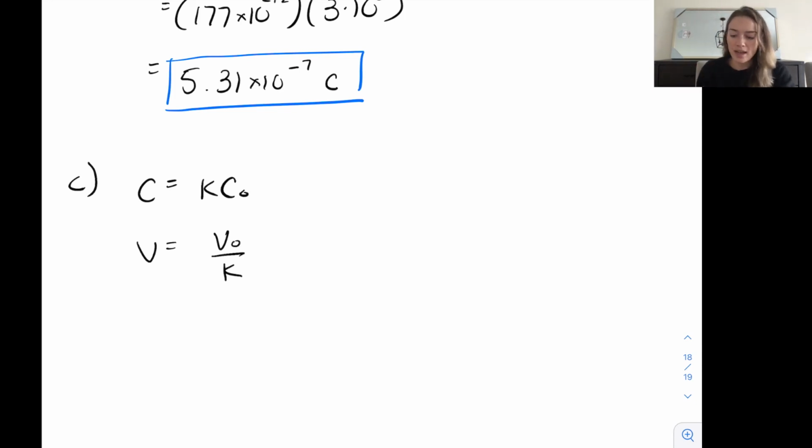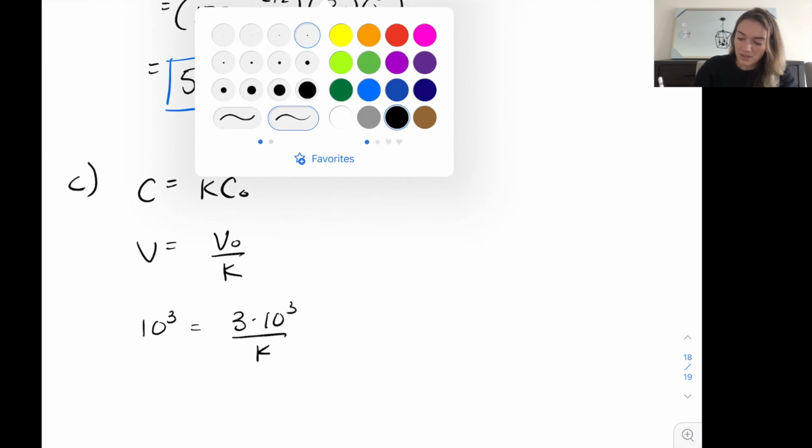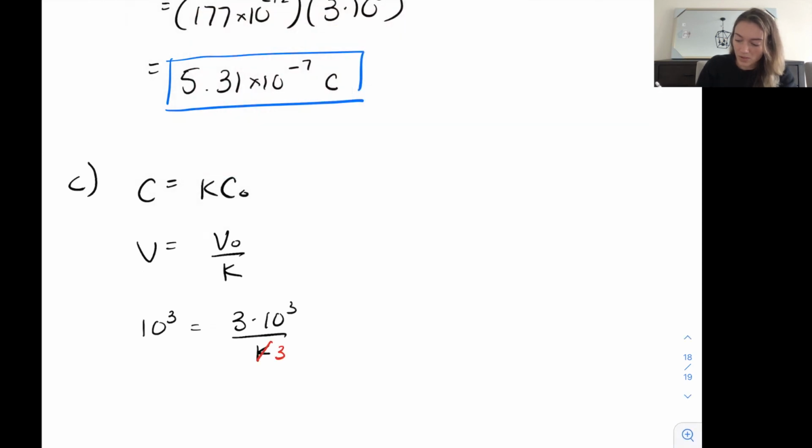We already know the potential after the dielectric was inserted, and the potential before, so we can very easily solve for K. Our potential after was 1 kilovolt, and our potential before was 3 kilovolts. So you can clearly see that K is going to be 3.